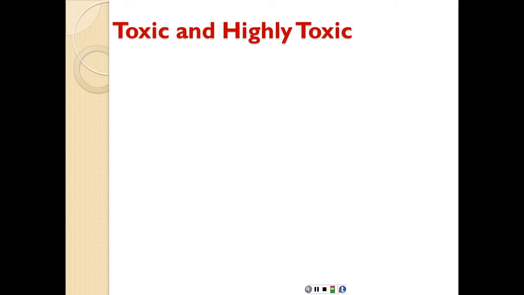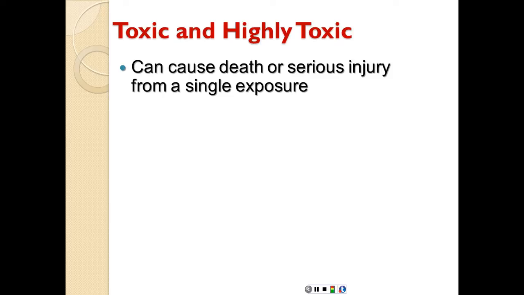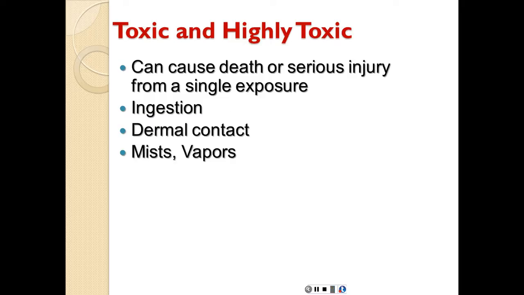And then another type of hazard here is toxicity, toxic and highly toxic. It can cause death or serious injury from a single exposure if it's highly toxic, by ingestion, that is by swallowing that poisonous or toxic material, by dermal contact over the skin, or exposure to mists or vapor, as we have seen in that accident that was cited at the very beginning.